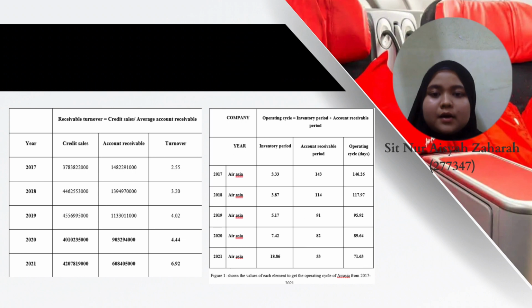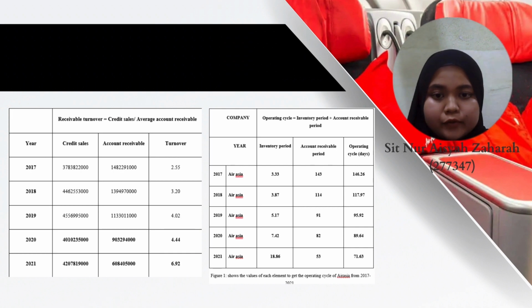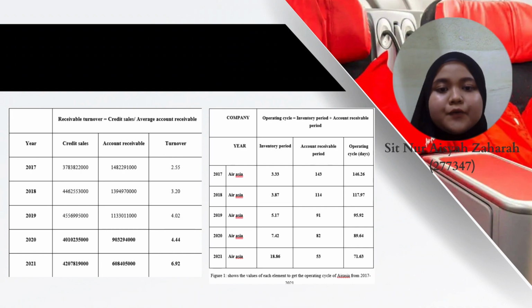So I will go with the receivable turnover. How to find receivable turnover is by using the credit sales divided by average account receivable.